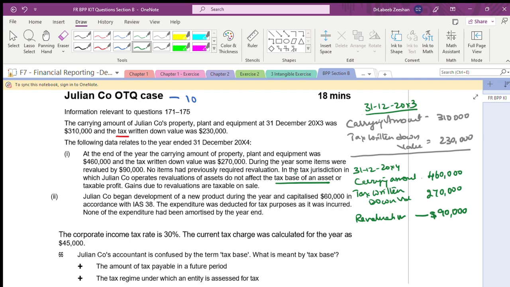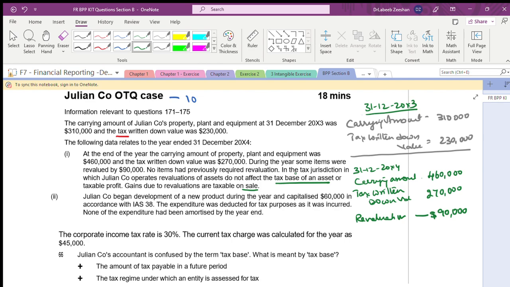Gains due to revaluations are taxable on sale. When you sell the property, then only that amount will be taxable. Right?